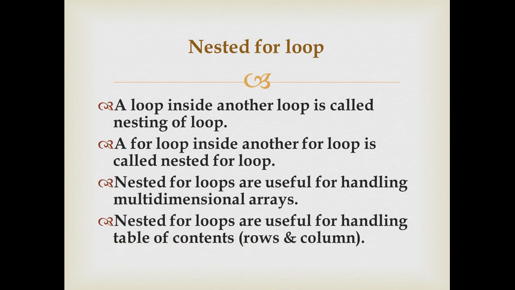Also, nested for loops handle table-like content called rows and columns. For example, when you work with a multidimensional array, there are rows and columns present, so a nested for loop is essential for inserting and handling a multidimensional array, which is a table of content.